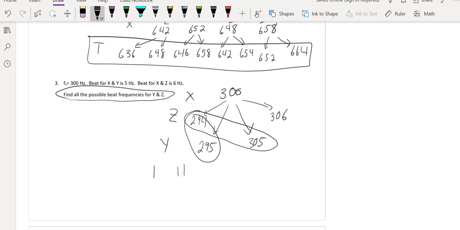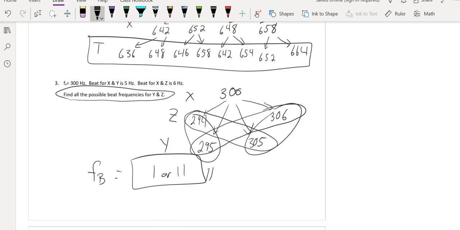There's a difference between them of 11. If we did the 306 and the 295, that would be 11. And if we do here, that's only a difference of 1. So really, your frequency of the beats is going to be 1 or 11 hertz. That's all it's going to be.